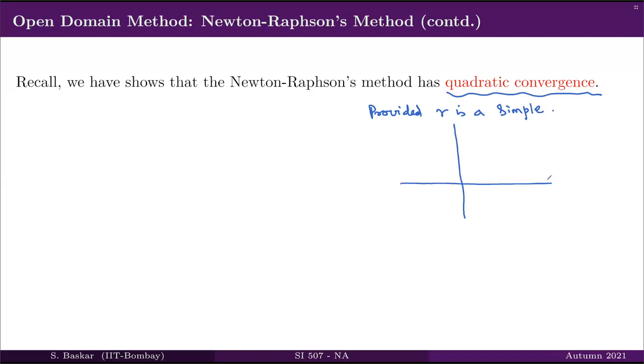Say, for instance, if your function is something like this, then your theorem doesn't say that the Newton-Raphson method will converge with quadratic convergence. Therefore, before concluding that your Newton-Raphson sequence converges quadratically, you have to first check that f dash of r is not equal to 0, provided you know what r is.